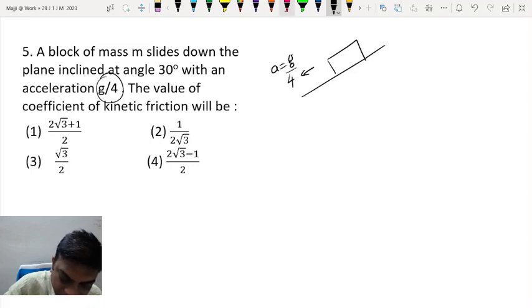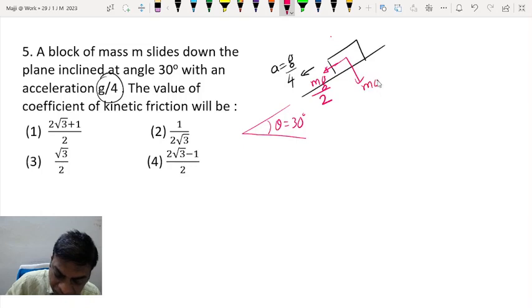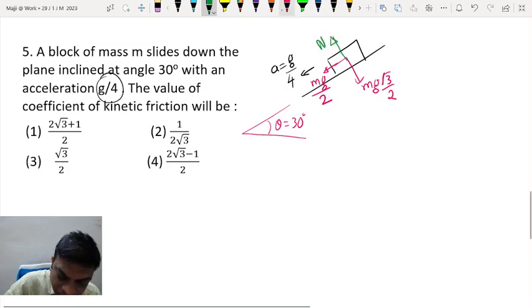If we draw the free body diagram, then the component of weight along the inclined plane is mg sin 30 degree, whereas the component of weight perpendicular to the plane is mg cos 30 degree, cos 30 degree being root 3 by 2. Then you have a normal reaction here and a frictional force here.